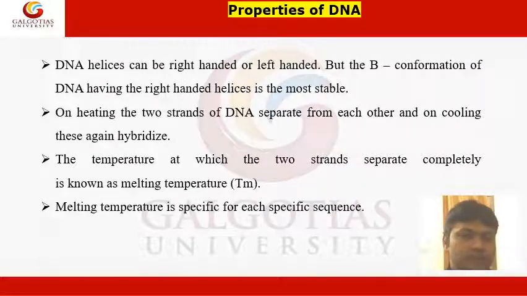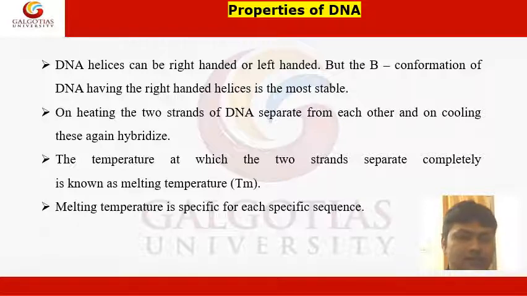Now we will talk about the properties of the DNA. The DNA helix can be right-handed or left-handed, but the B configuration of DNA, which has the right-handed helix, is the most stable structure. On heating, the two strands of the DNA separate from each other and on cooling, these again hybridize.